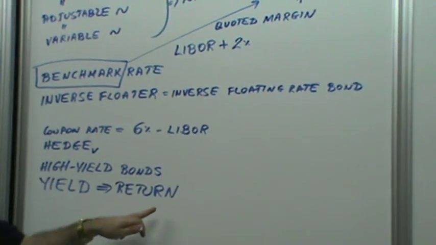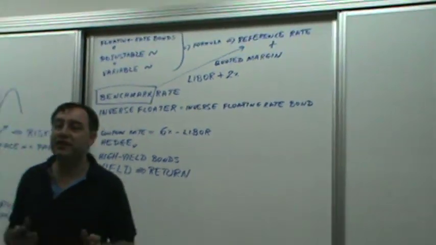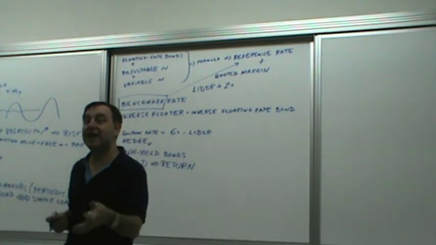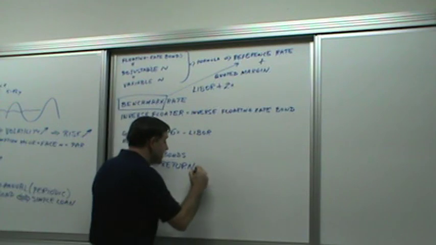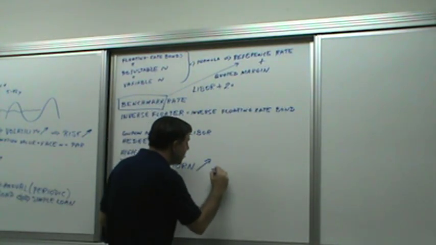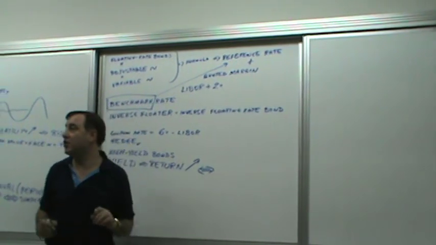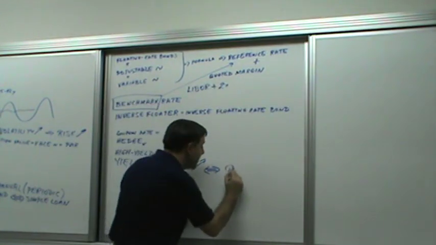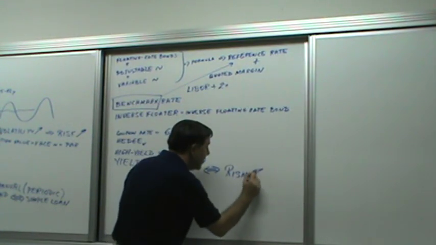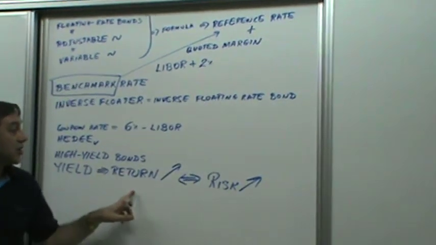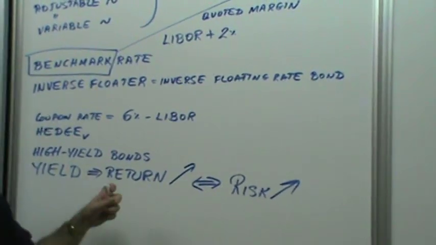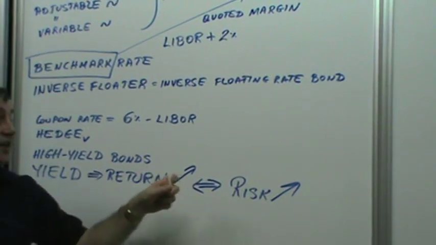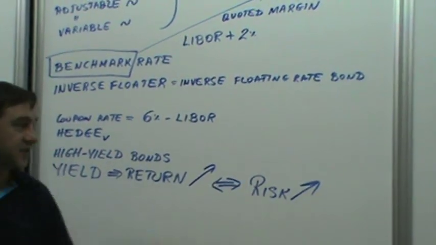Okay, but yield means return. And the question in finance is, how can you get higher return? And the answer is, the only way that you can get higher return is by getting higher risk. Okay? So the only way to get a high yield is to get high risk.